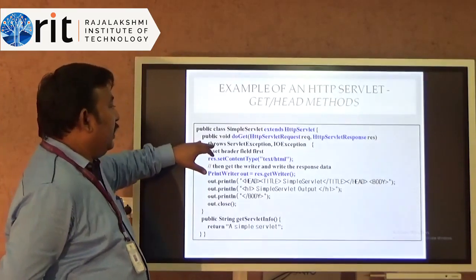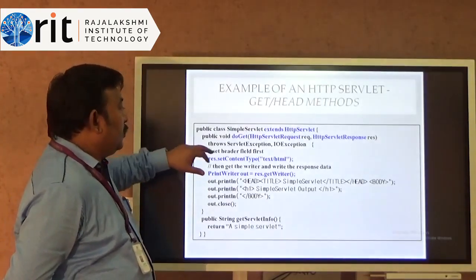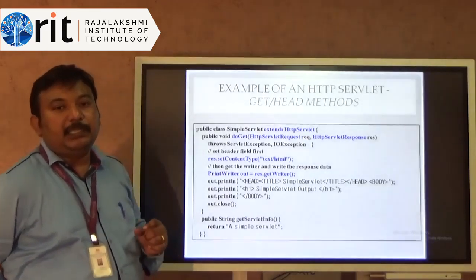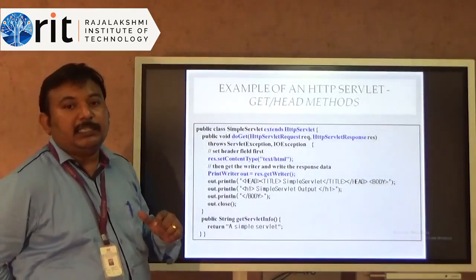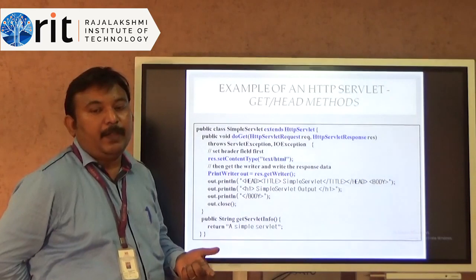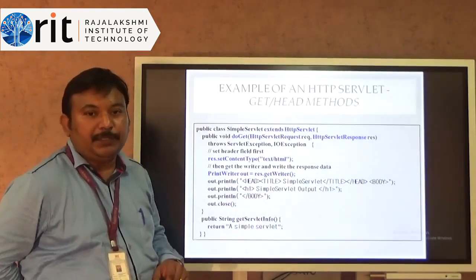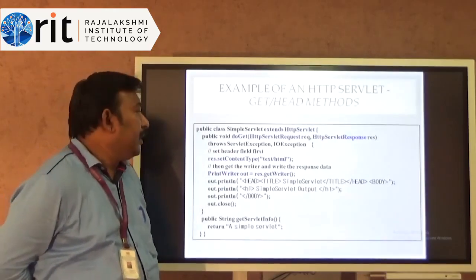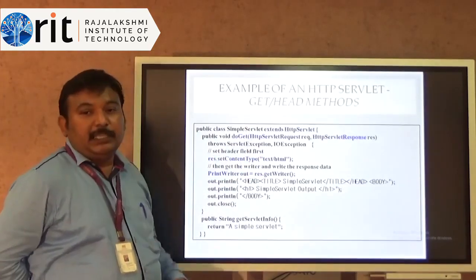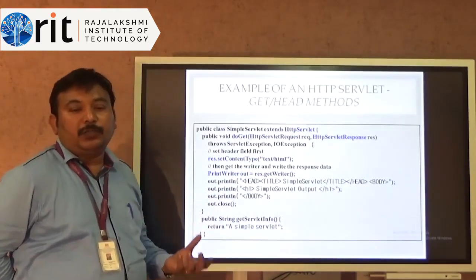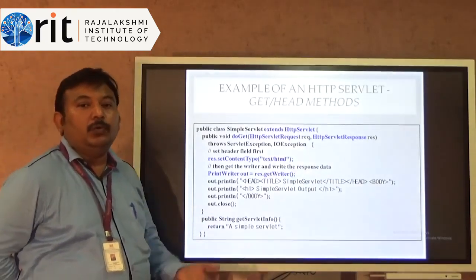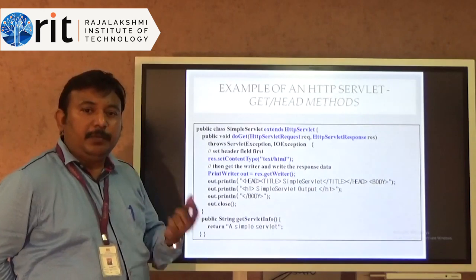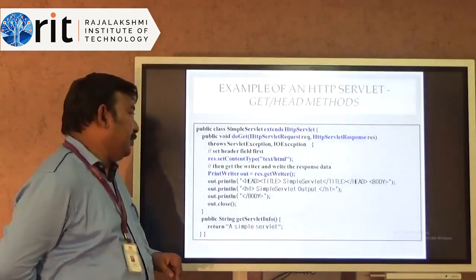It should be an explicit throws. ServletException means that if the servlet cannot be created on the servlet container in the web server, then there is an exception called ServletException. And if the method doGet, doPost or doPut is not able to write the content or read the content, then there will be an exception called IOException.